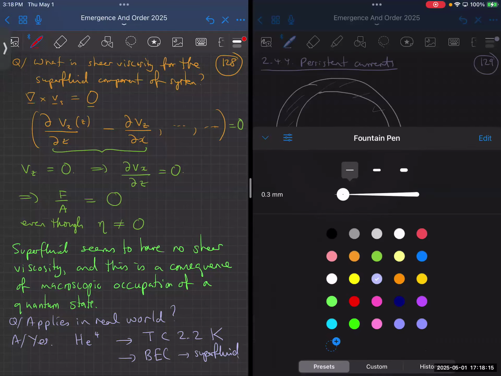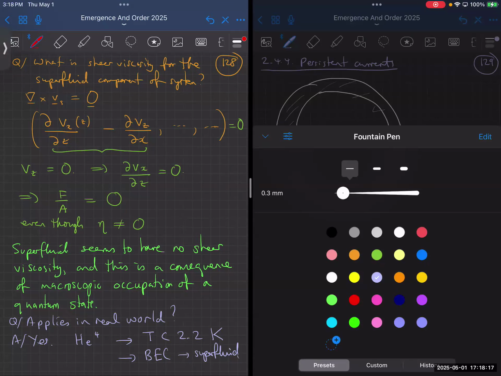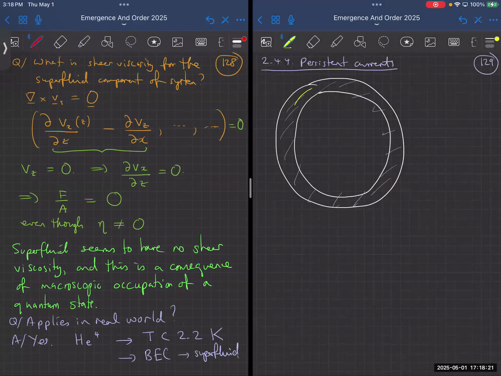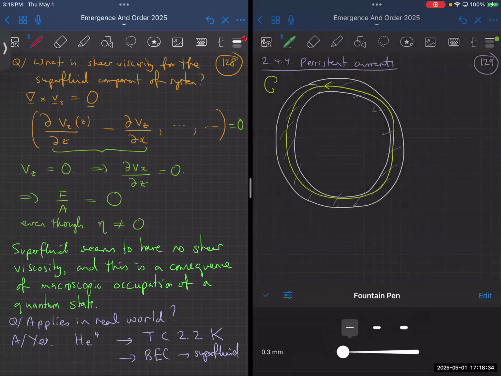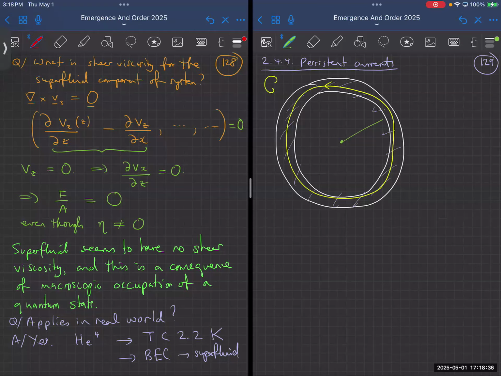And now what I'm going to do is draw a contour that goes through the middle of this superfluid region. It's meant to go through the middle of it, but I can't draw it very well. So there's my contour, and we'll say that this contour is out at a radius, let's say r, from the center of this annulus.